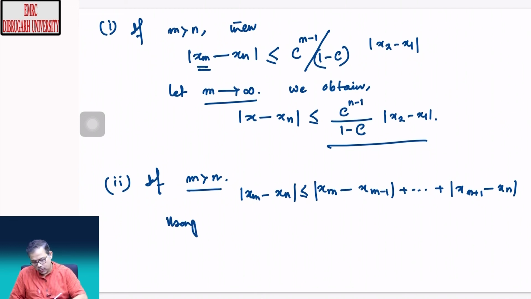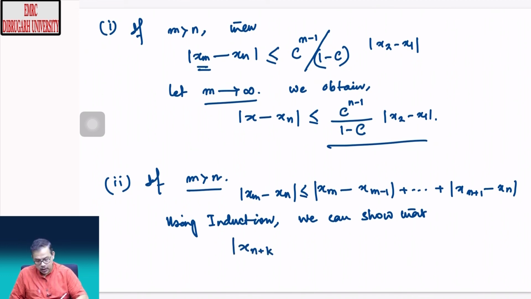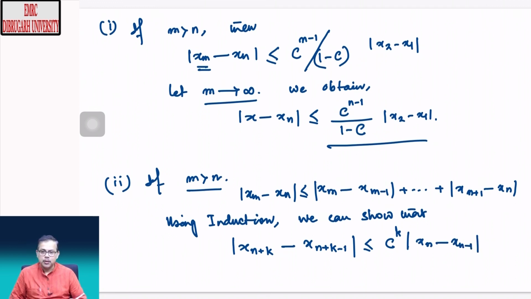Using induction, we can show that |x_{n+k} - x_{n+k-1}| is less than or equal to C^k |x_n - x_{n-1}|.